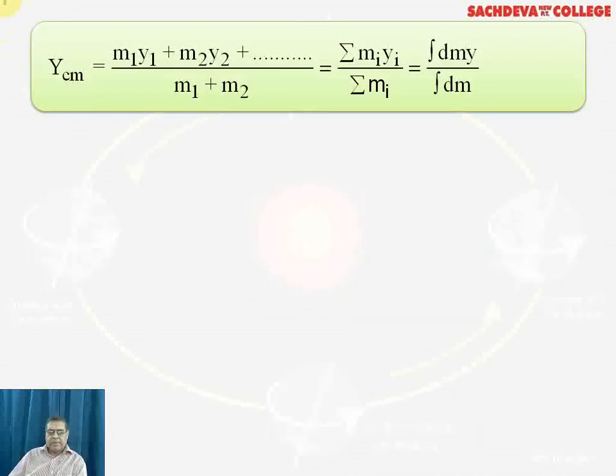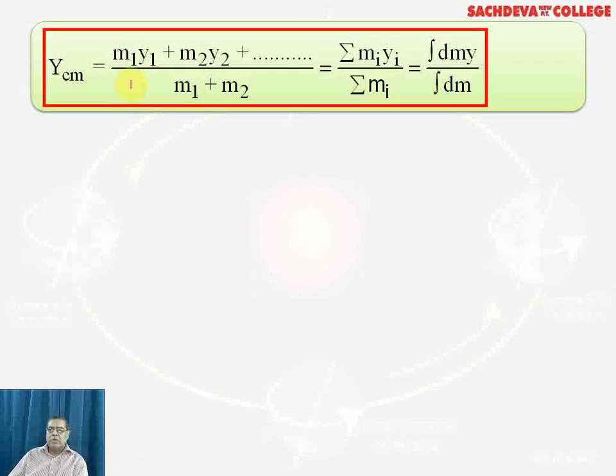Next, we have to find the center of mass along the y-axis. It means that for the whole solid, our calculations will be on the three axes: the x-axis, the y-axis, and the z-axis. So the center of mass on the y-axis will use the same formula, where y1 and y2 replace x1 and x2.